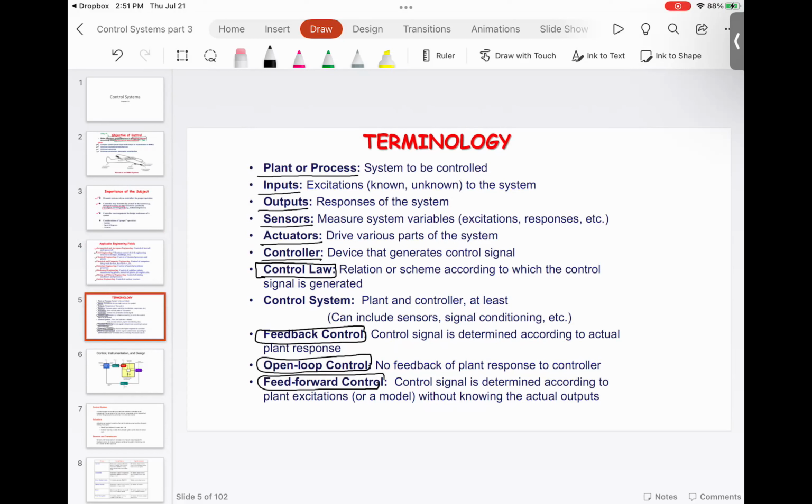And all these controls are utilized independently or together to achieve what we want to achieve. So you can have a control signal that is determined using actual control response. In the open loop, you do not have any feedback. So think about it.